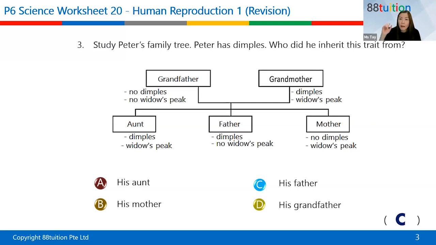So I repeat my question: can I say that he got the dimples from the grandmother? Why is it that in this case, I cannot say that? Anyone wants to try? This is something that you all learned before. For example, let's talk about things like heart disease.